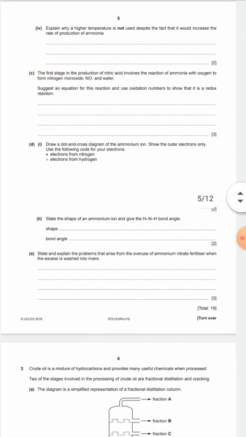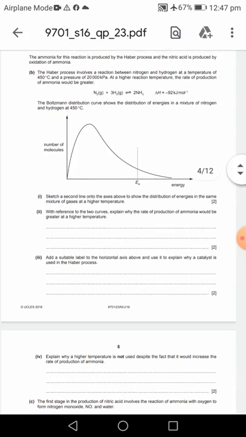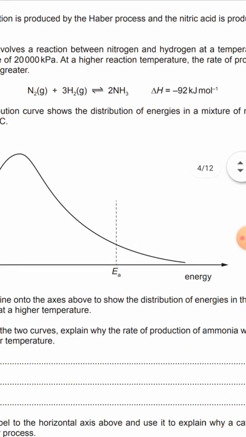Explain why a higher temperature is not used despite the fact that it would increase the rate of production of ammonia. Remember, let's go back to that last page. Look at the reaction between nitrogen, hydrogen and ammonia, which gives an enthalpy change of minus 92.